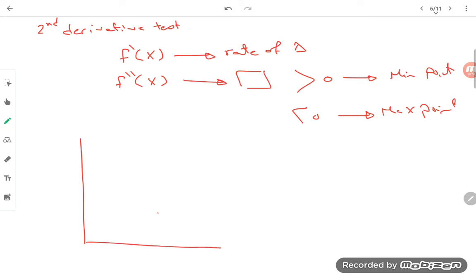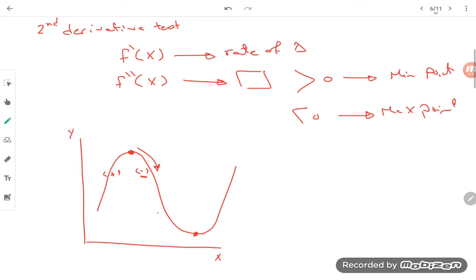As illustrated before, before this point, the value is increasing, so it is a positive value. After this point, the value is decreasing, so it is negative, and this is the maximum point.